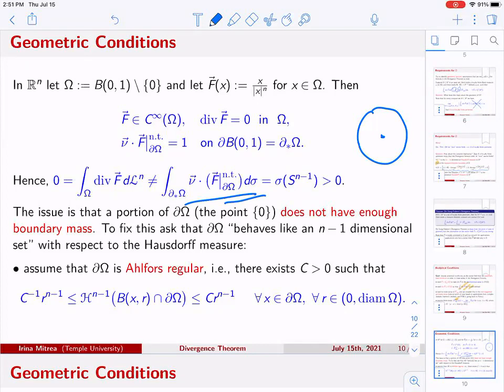To fix this, we're going to ask that the topological boundary of the domain behaves like an n-1 dimensional set with respect to the Hausdorff measure. So we're going to assume that the boundary of the domain omega is Ahlfors regular in the following sense: there exists C bigger than 0 such that for any point on the boundary of the domain omega, and for any R between 0 and the diameter of omega, the surface measure of surface balls of radius R is comparable to R to the power n-1.